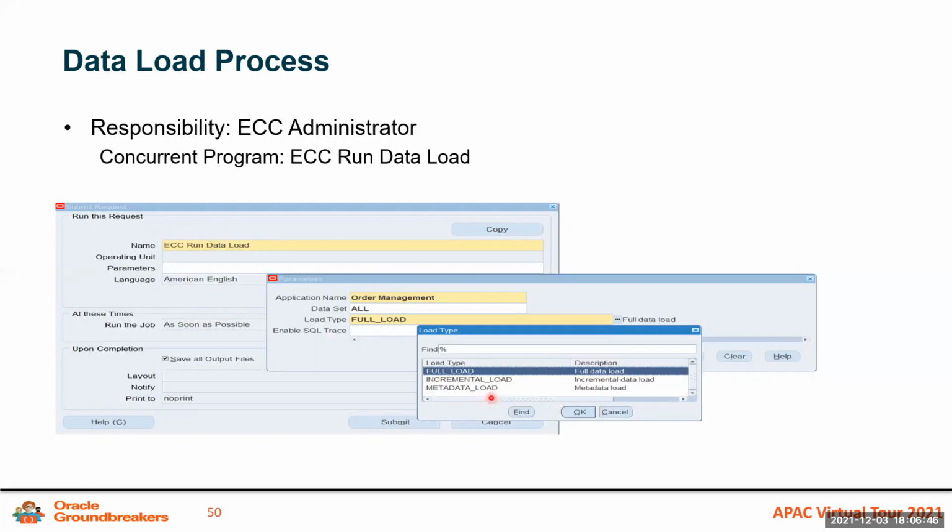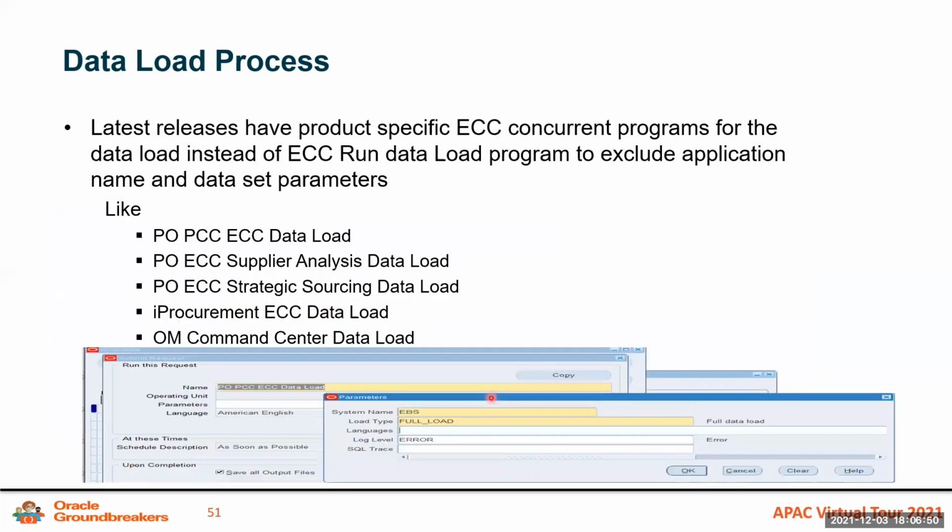Those are implemented differently for different EBS implementations. Initially Oracle came up with one process to run the data load, but later they came up with product specific concurrent programs, and we can run them from the product specific responsibilities, like the PO ECC data load, ECC supplier analysis data load, or OM command center data load.